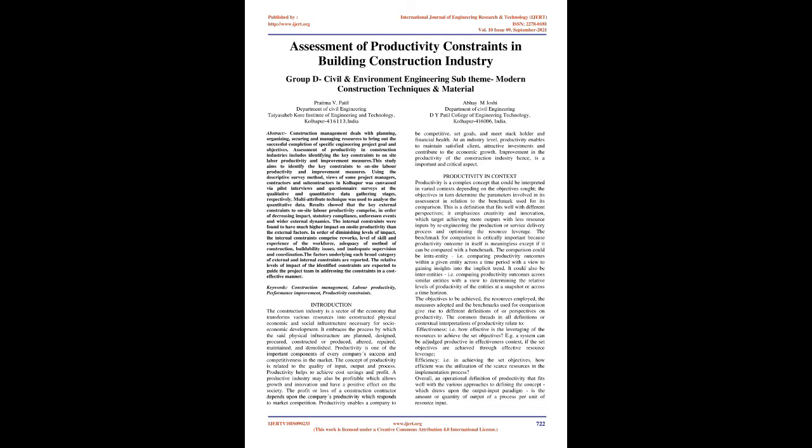The factors underlying each broad category of external and internal constraints are reported. The relative levels of impact of the identified constraints are expected to guide the project team in addressing the constraints in a cost-effective manner. Keywords: construction management, labor productivity, performance improvement, productivity constraints.